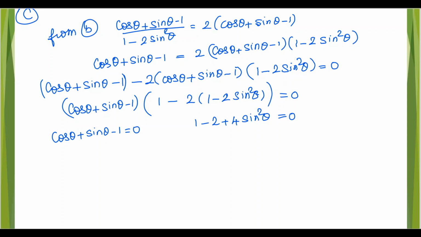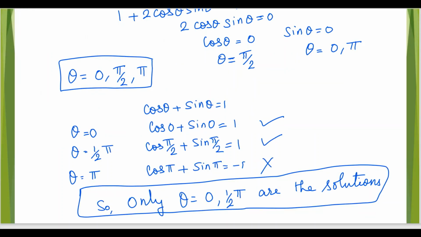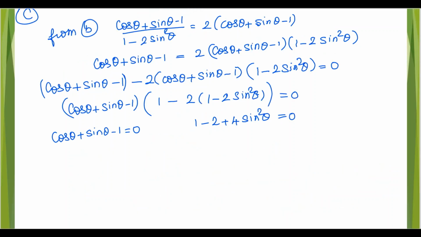Cos theta plus sin theta minus 1 is equal to 0. So for this, already we found theta equal to 0, pi over 2 are the two solutions. So let us use that one here. So theta equal to 0 or pi over 2.